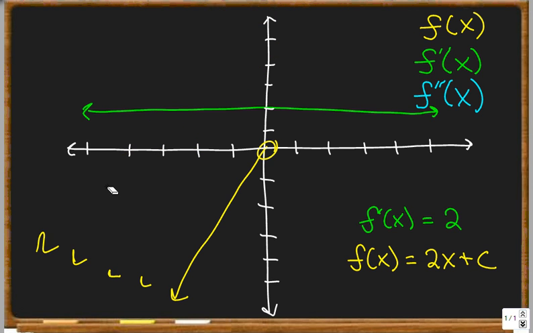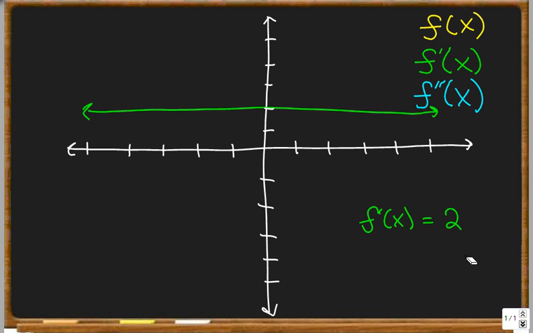Now, if we have a little bit more information, we can actually find what that function is. So, for example, let's say they gave us that this is true, and then also that f of 1 is 4.